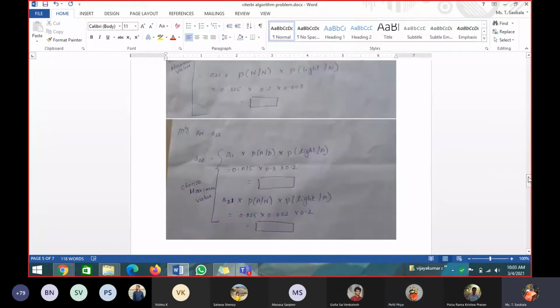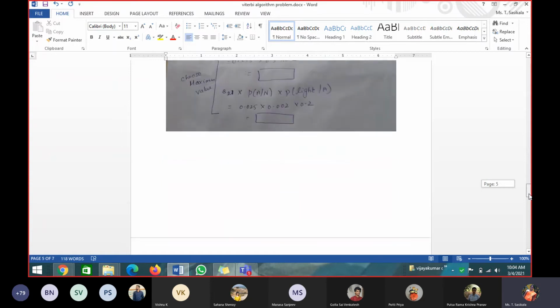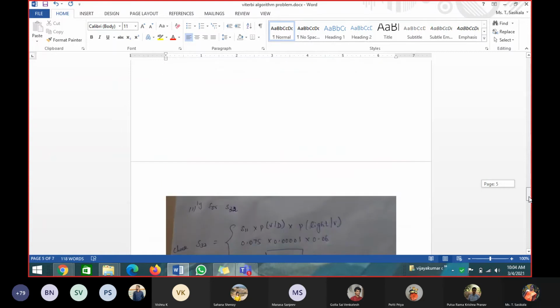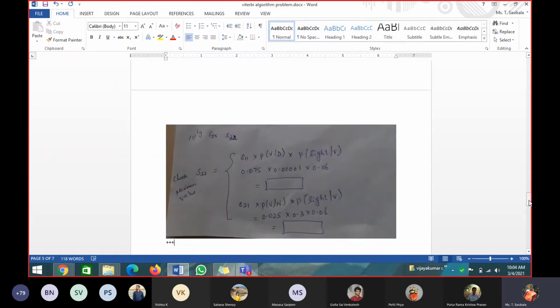Okay, next come to the second level. In S22, which is the highest combination? I have written no in these curly brackets. Choose the maximum value. Tick it or circle it. In S22, which is the highest combination? S11 combination or S21 combination? S11, ma'am. Here also S11. So tick that value. For S32, which is the highest combination?